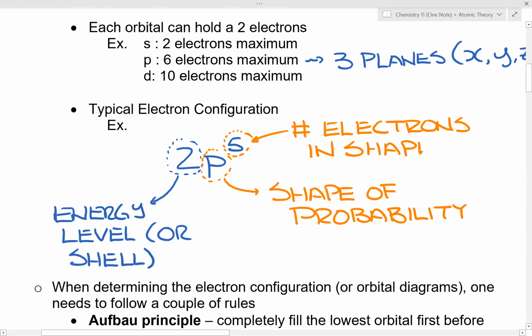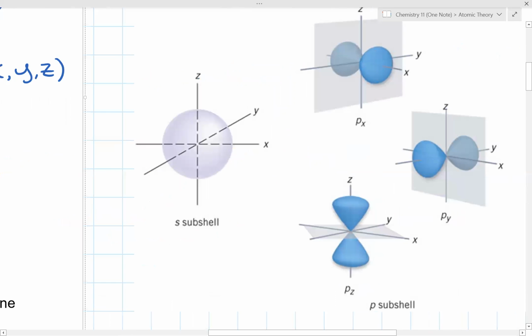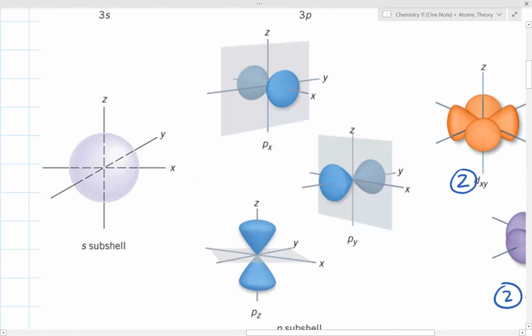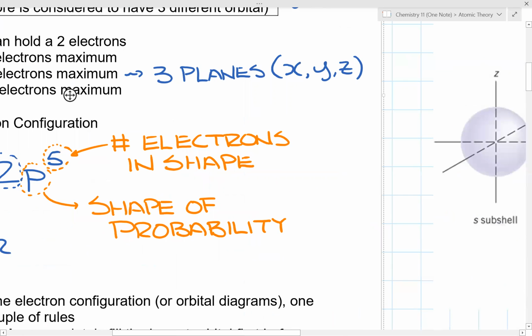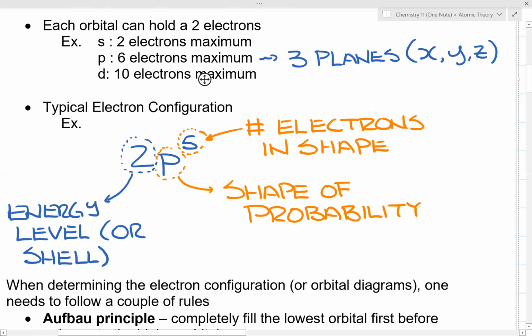So if I said 2p5, that means in the second energy level or second shell, I have 5 electrons, and the probability of finding those 5 electrons would be in a dumbbell shape around the nucleus. Okay, and that's what the 2p5 means.